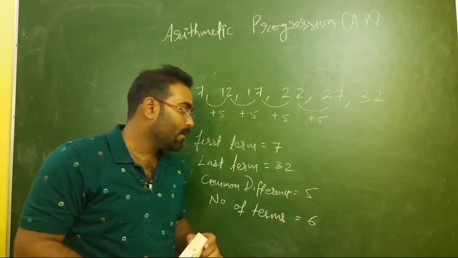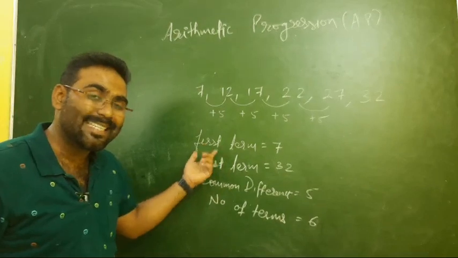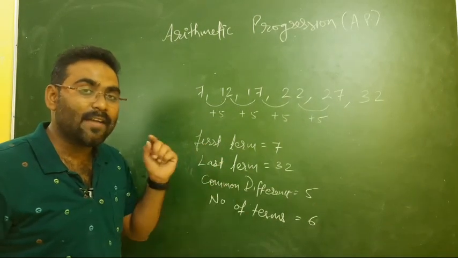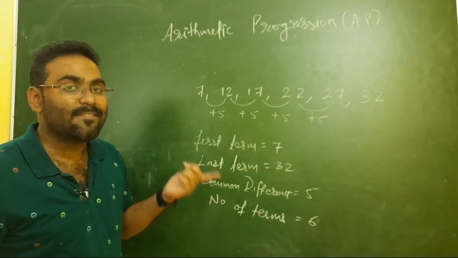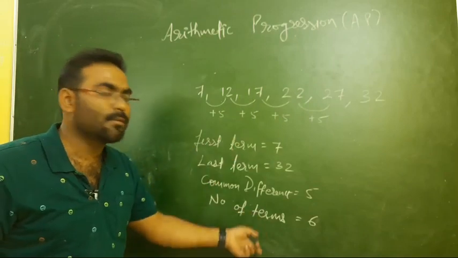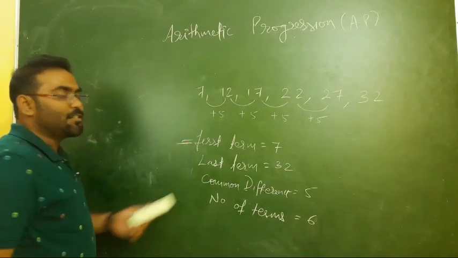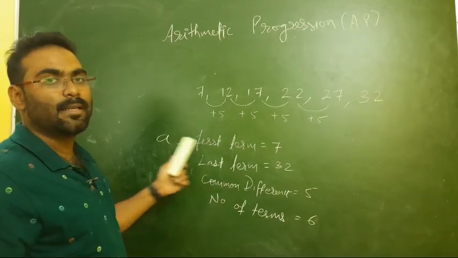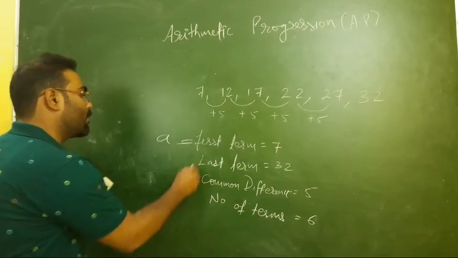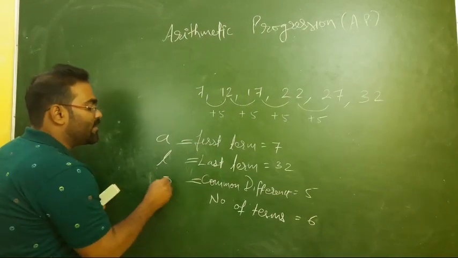But tell me, do we have to write these sentences every time? No. We have a special character or alphabet to represent these particular things. The first term is always represented by small a. The last term is small l. The common difference is small d.